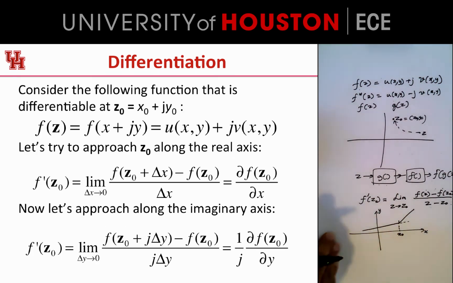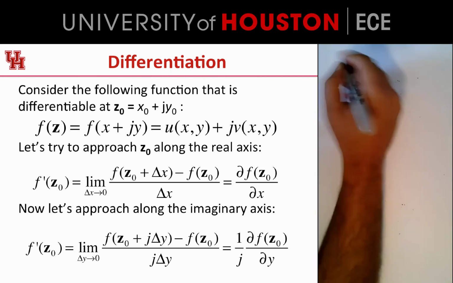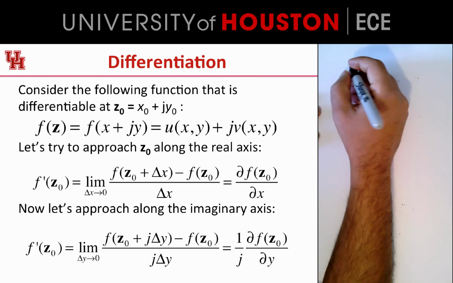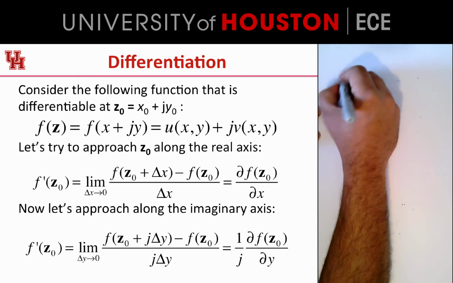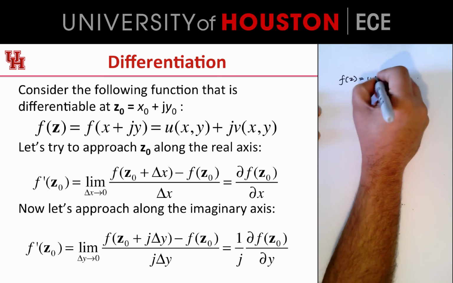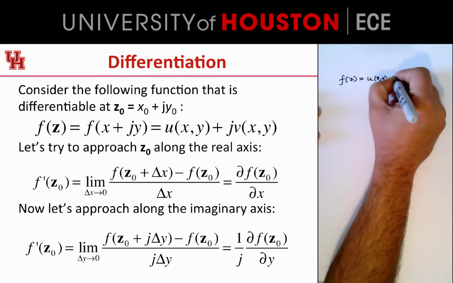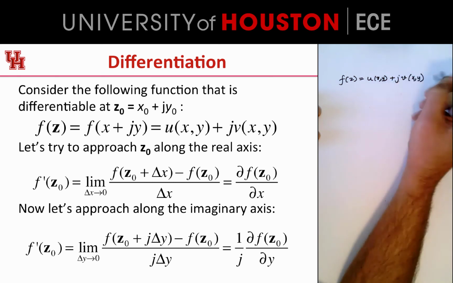So let's go on to the next slide. Suppose you consider a function that's differentiable. So you've got f of z, which is the same as u of x,y plus j v of x,y.